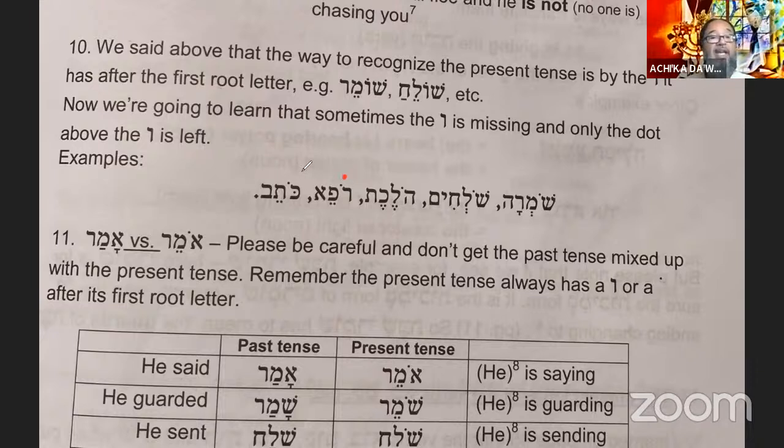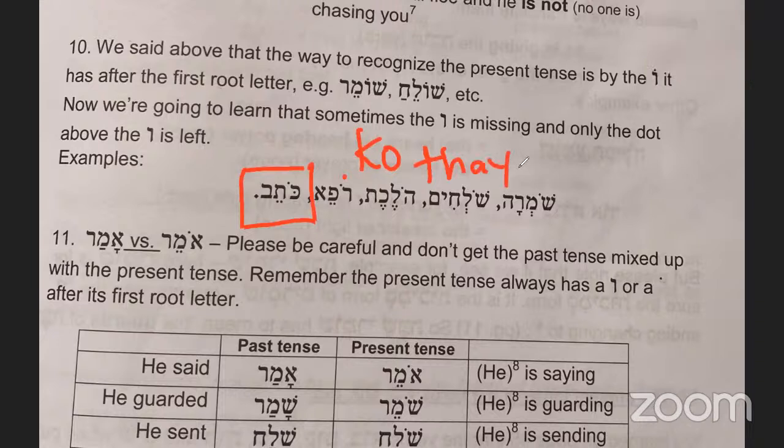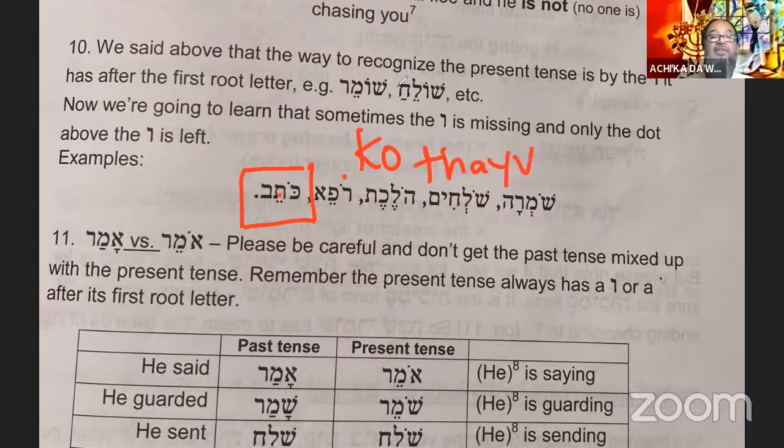Okay, and then how do you say that? Co. There's no dot in it, so it's a TH sound. So it's kothave.